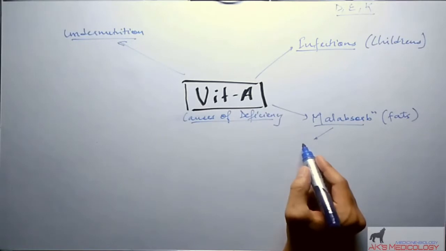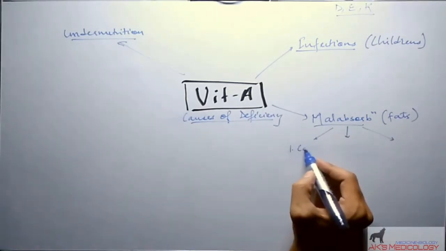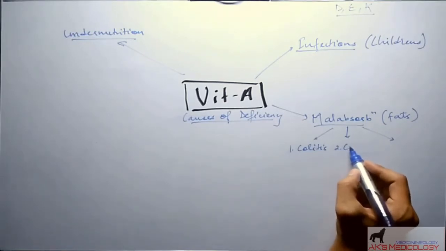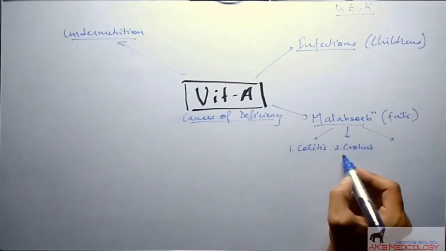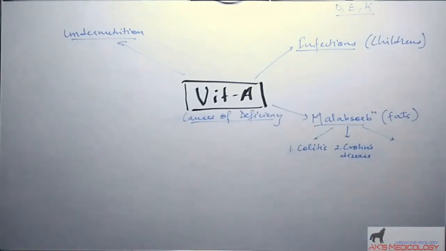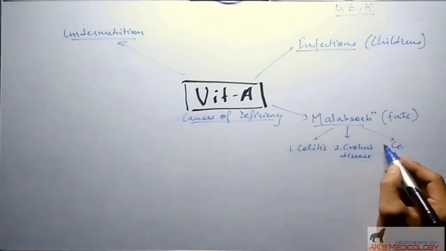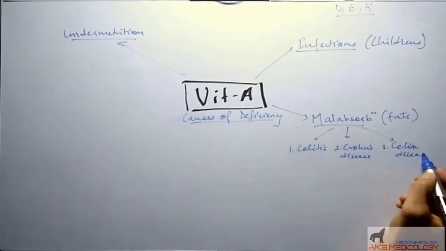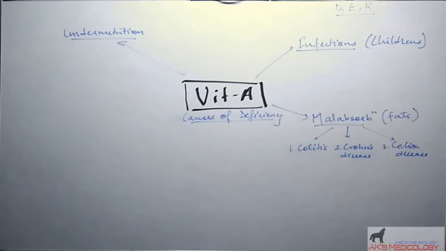The primary other causes are: first, colitis, which is inflammation of the colon. Second is Crohn's disease, which is also a type of inflammatory bowel disease. And the third is celiac disease. What is celiac disease? Celiac disease is an autoimmune disorder in which antibodies are formed against gluten.